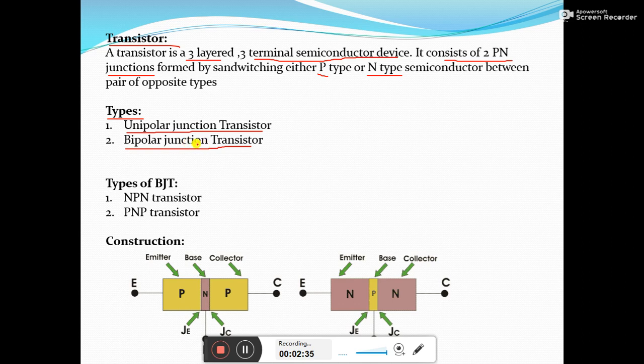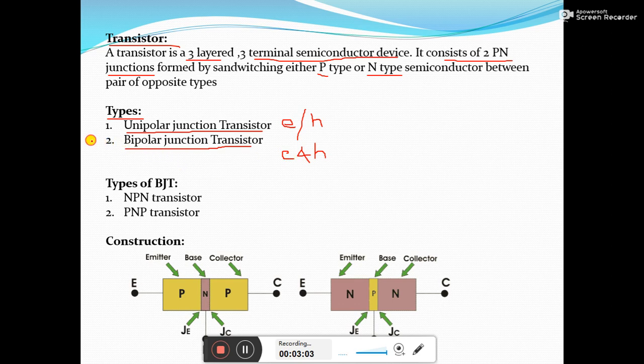Very simple definitions. In unipolar junctions, only electrons or holes participate in the current conduction, but in a bipolar junction transistor, the electron and the hole both take an active participation in the current conduction.